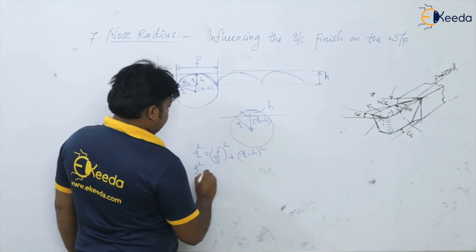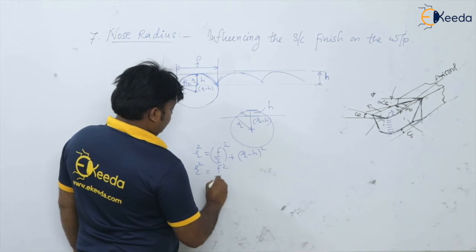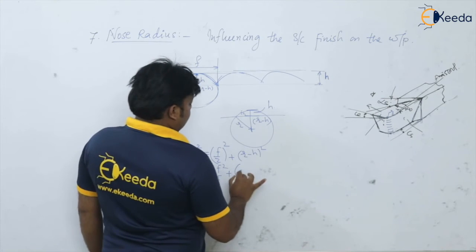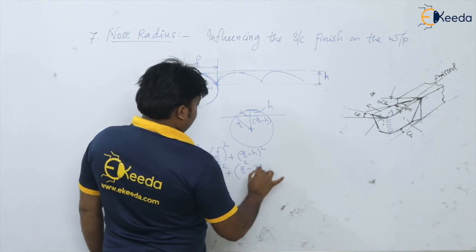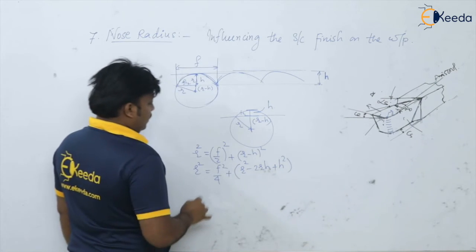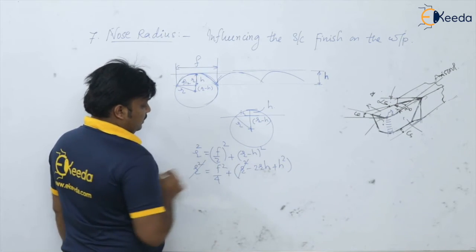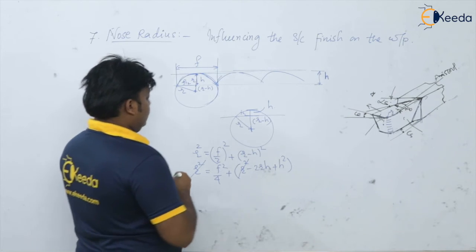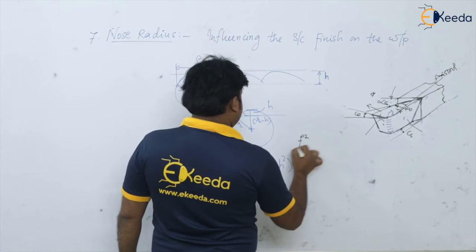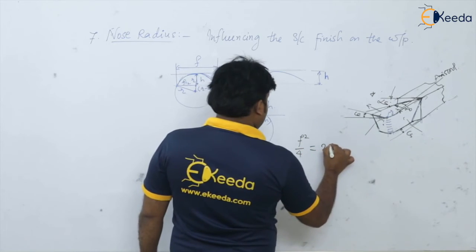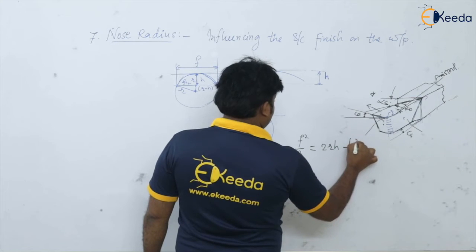So what can we write? This r square is equal to f square by 4 plus, expanding a minus b whole square, r square minus 2rh plus h square. So this r square gets cancelled. What is left is f square by 4 equal to 2rh minus h square.